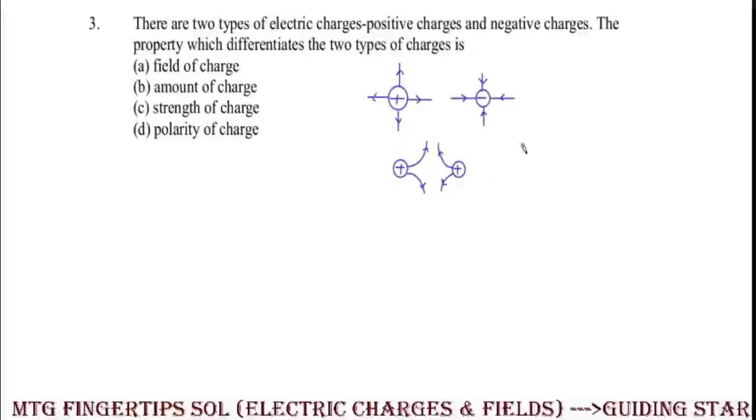Similarly, if you take two negative charges, then their field lines also somewhat look like this, but arrow marks will be represented towards the charge. Arrow mark यहाँ पे अंदर की तरफ रहेगा.